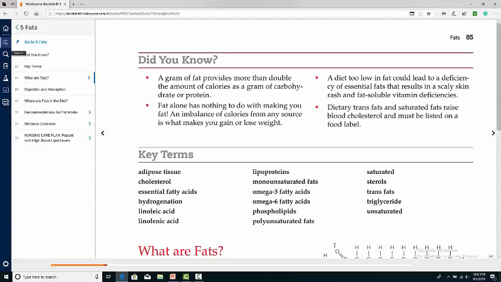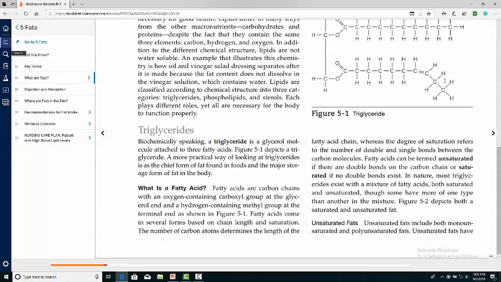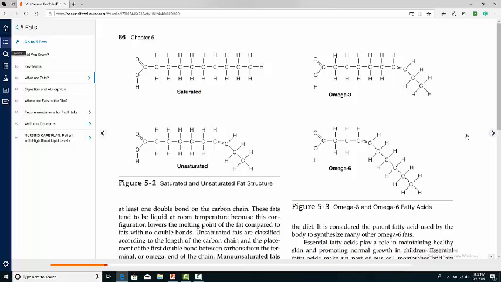So now, very briefly, I'm going to flip through these pages. Obviously, the Did You Know is requested on your assignment. You see these great visuals, very similar to the ones that I used, an explanation in written terms of triglycerides that will hopefully make a great deal more sense to you now.